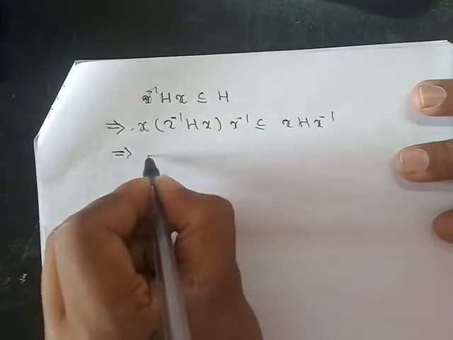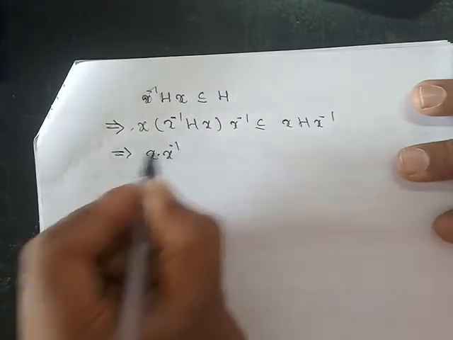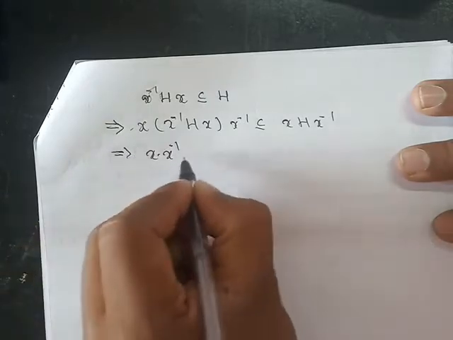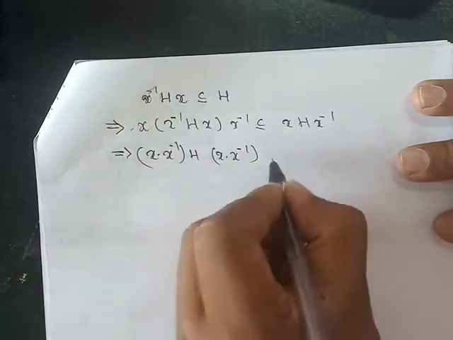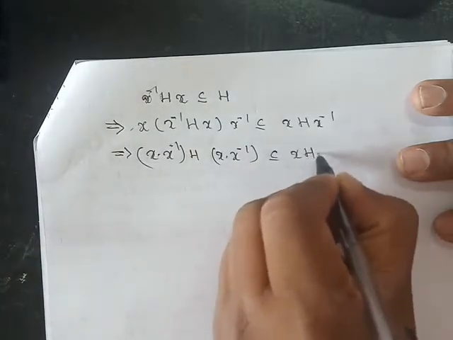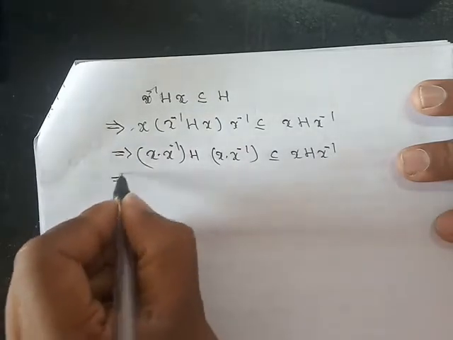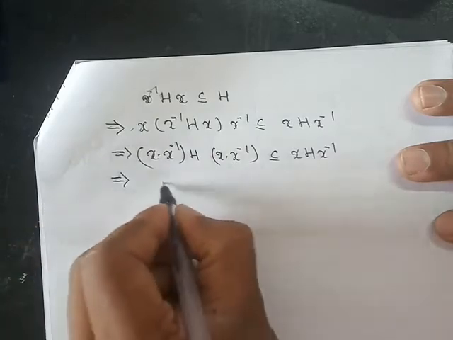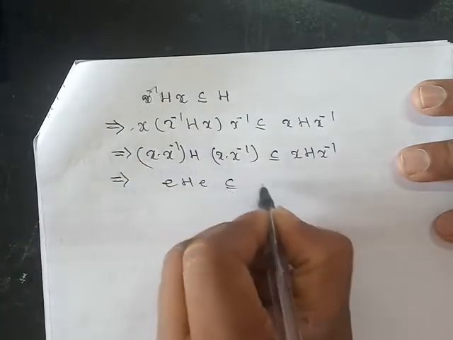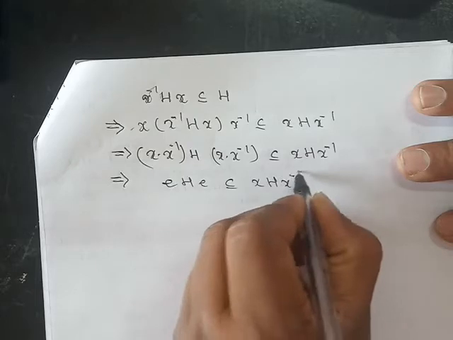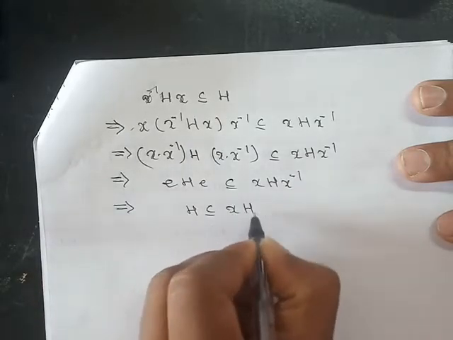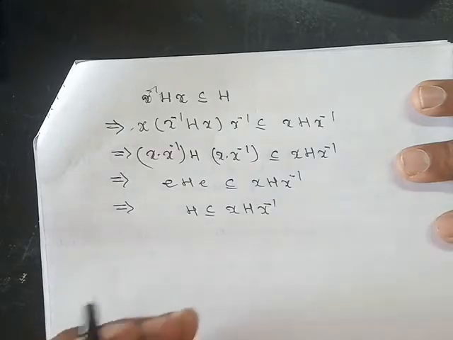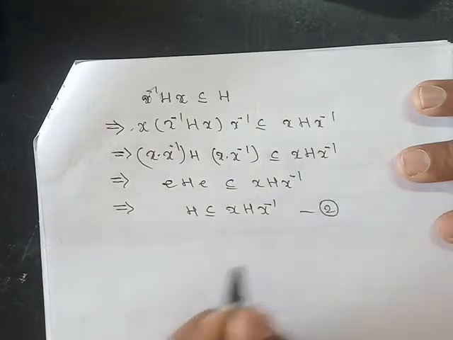Using the associative law of cosets, X into X inverse is a subset of X H X inverse, which implies that E H E is a subset of X H X inverse. This implies that H is a subset of X H X inverse. Suppose this is equation number 2.